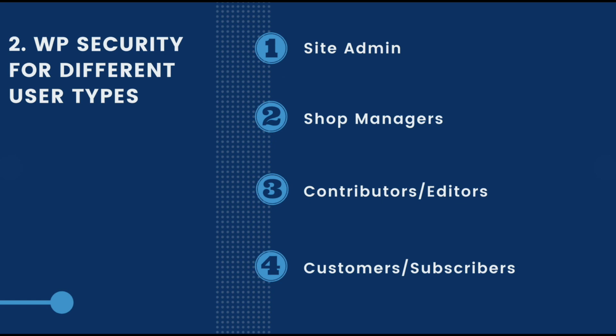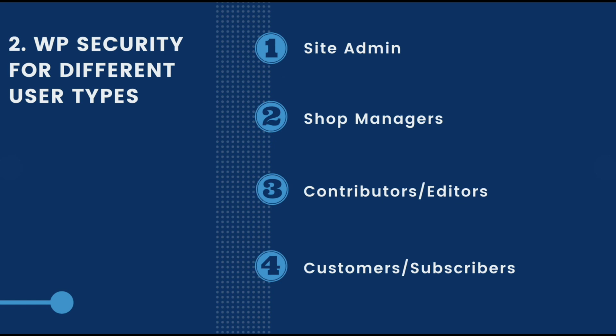So, a lot of what WordPress security comes down to is user security, the different types of ways that you can help lock down people's accounts and keep your site safe. We have just these 4 different types of users as an example. A site admin and shop managers have a lot of the same capabilities and privileges. However, you might have a shop manager, let's say it's a WooCommerce shop, that you really just need focusing on their WooCommerce shop.